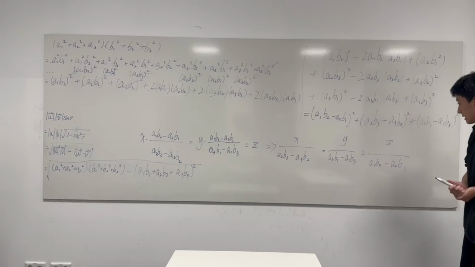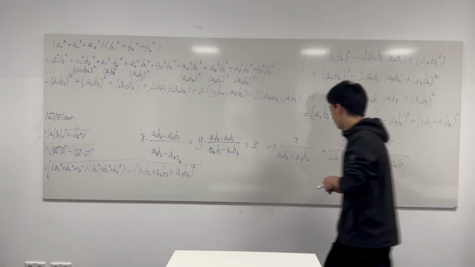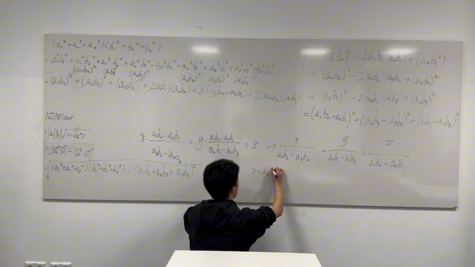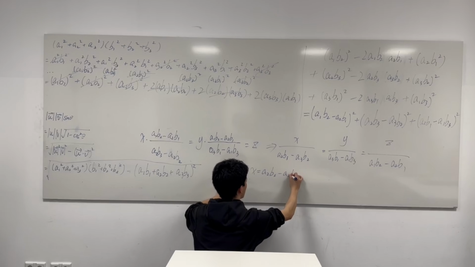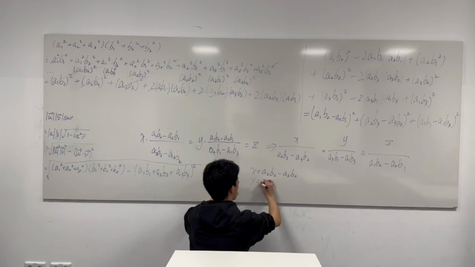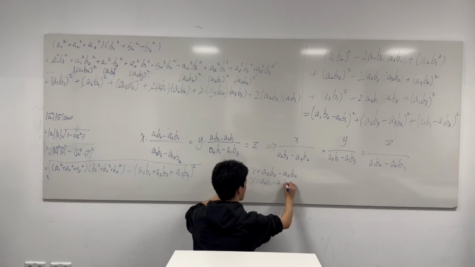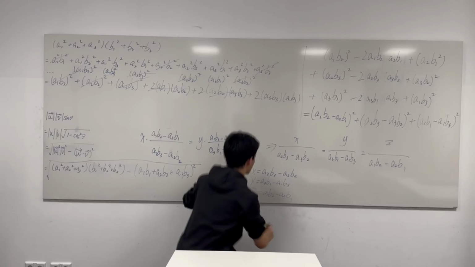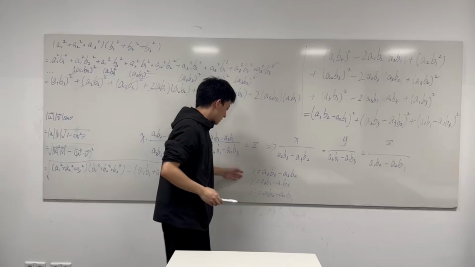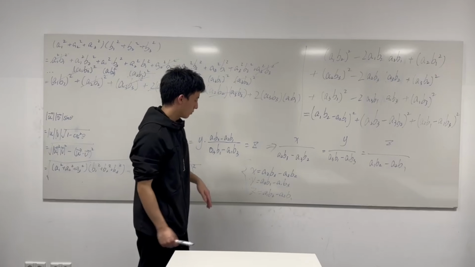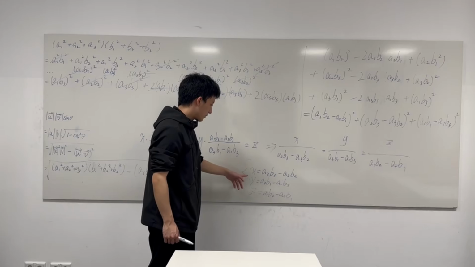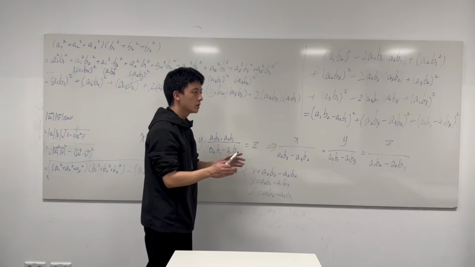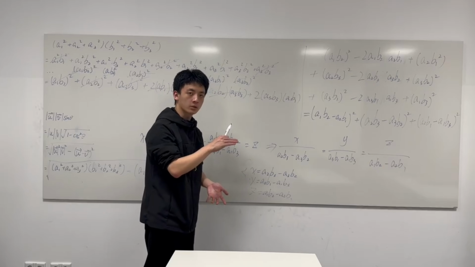We realize that if x is equal to a2 b3 minus a3 b2, y is equal to a3 b1 minus a1 b3, z is equal to a1 b2 minus a2 b1, let's check. x squared plus y squared plus z squared, then take the square root, is the length of a vector, right?